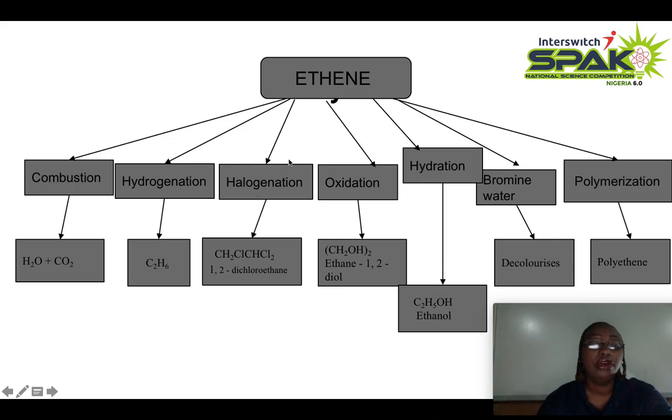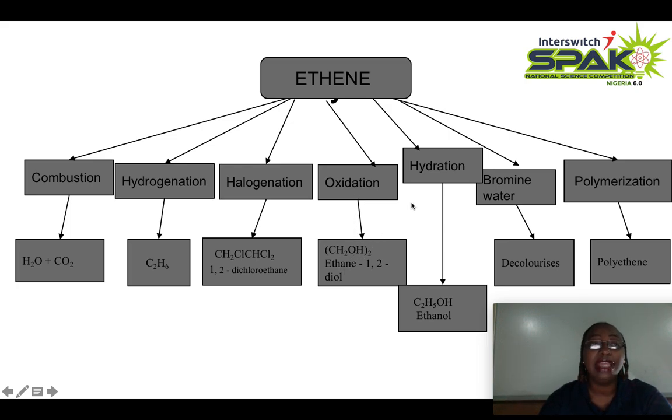Ethene undergoes halogenation, that's adding halogens to ethene, either chlorine or bromine, but in this case we use chlorine as an example to give us 1,2-dichloroethane. Like I said earlier, when ethene undergoes reaction, they lose one of their bonds. So we have 1,2-dichloroethane. They undergo oxidation to give ethane-1,2-diol.